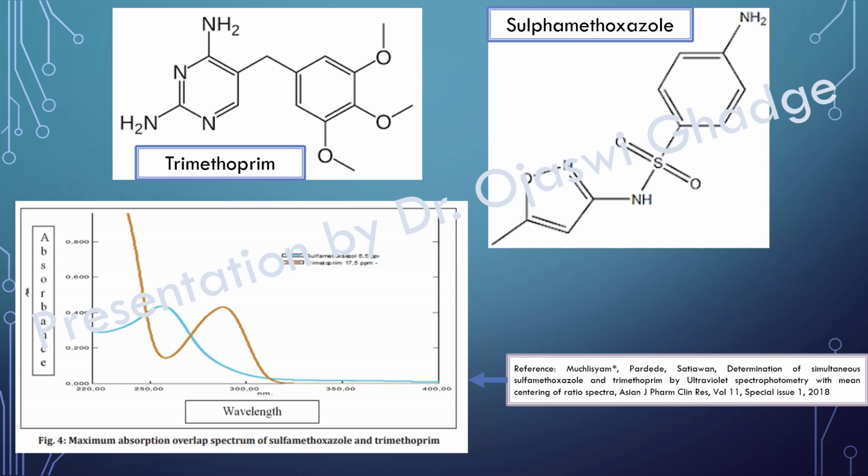As we clearly see in the spectrum, both the drugs give absorbance at each other's lambda max. Therefore, we cannot directly measure the absorbance of any particular drug and substitute that absorbance in A equals ABC, because the other drug is also contributing. The other drug is also giving absorbance at the lambda max of another drug.